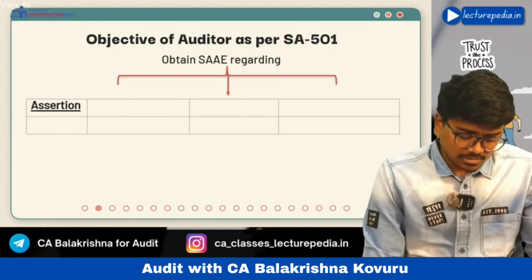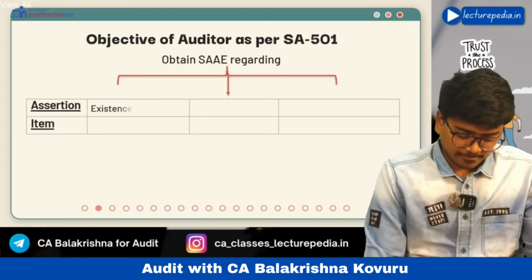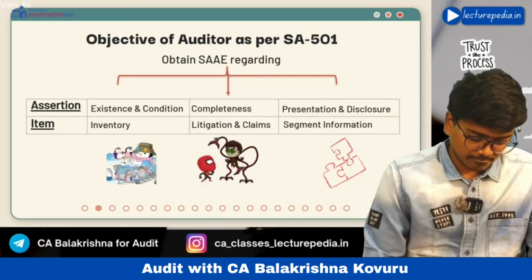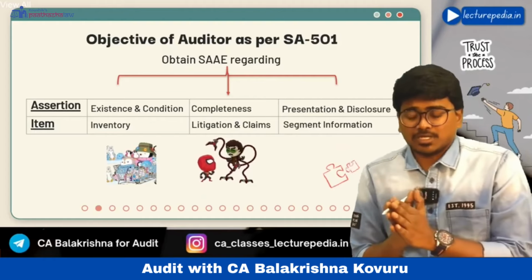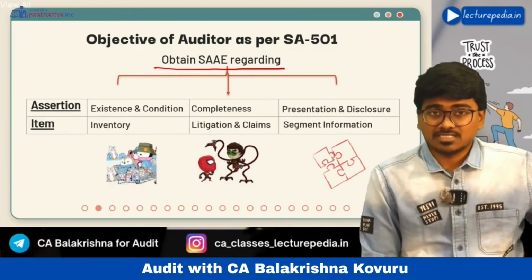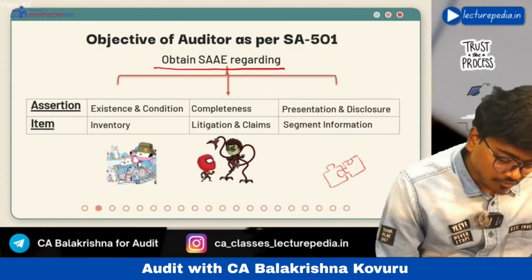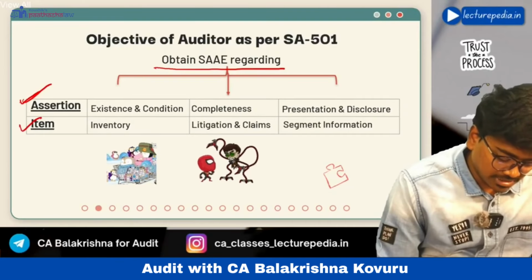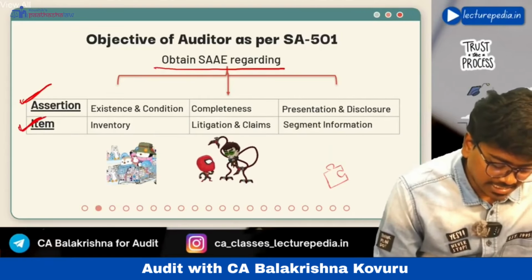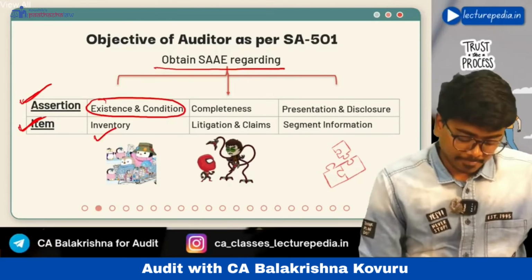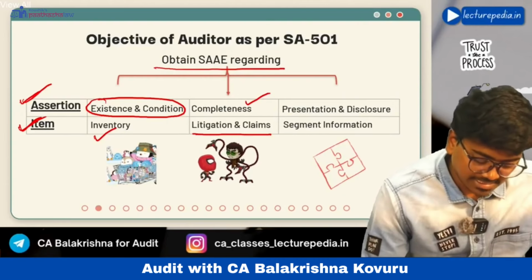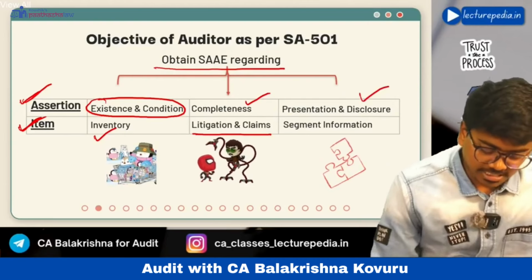Objective as per SA 501. SA 501 deals with obtaining sufficient and appropriate audit evidence regarding the following assertions with respect to specific items: existence and condition of inventory; completeness of litigation and claims; presentation and disclosure of segment information.